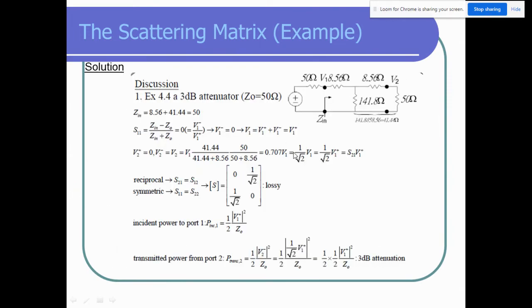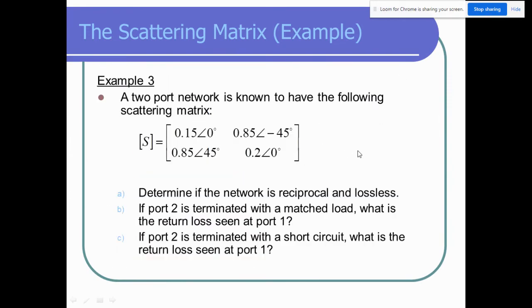Now moving on to one more example, where we learn about reciprocity, symmetry, and whether a network is lossless or not.